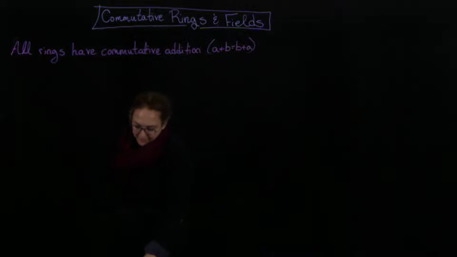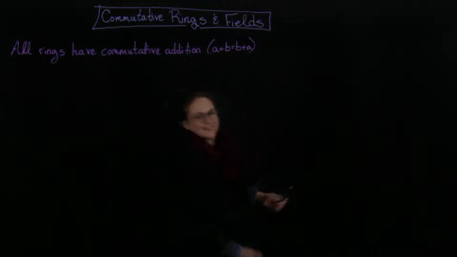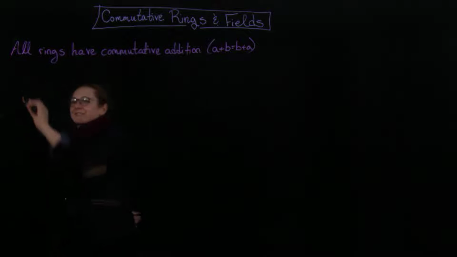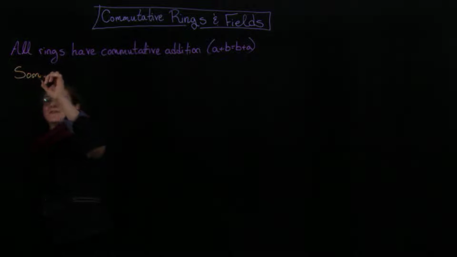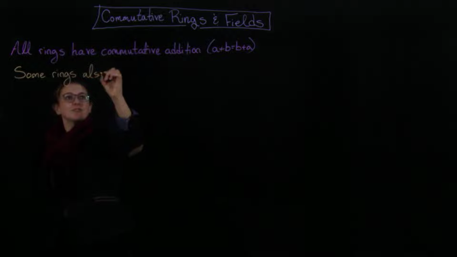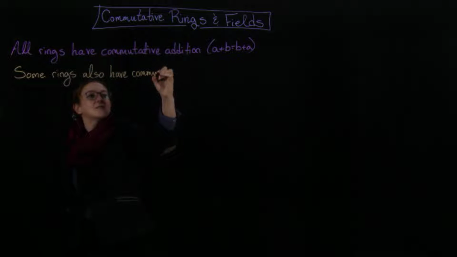But some rings also, as you have wanted to believe from the start, because your first example of a ring was the integers, also have commutative multiplication.